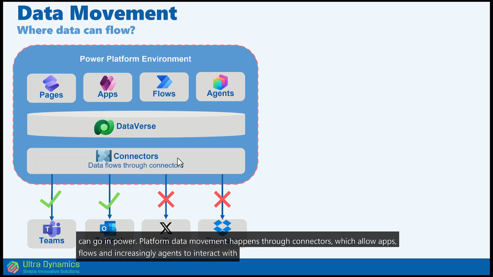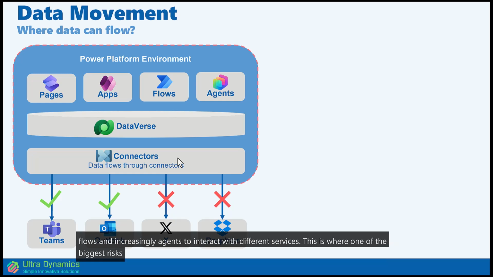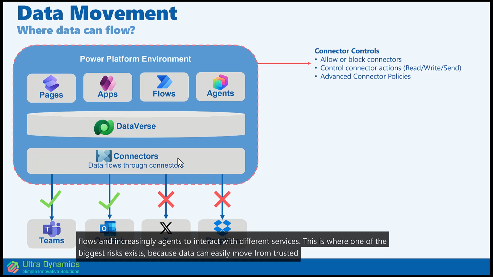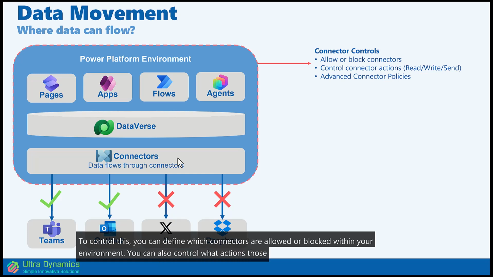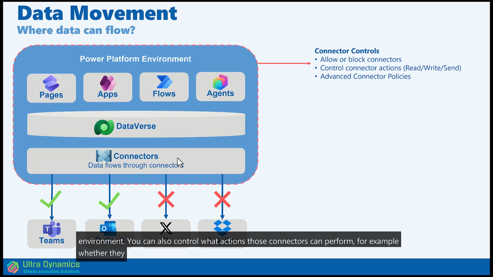This is where one of the biggest risks exists, because data can easily move from trusted systems to untrusted ones. To control this, you can define which connectors are allowed or blocked within your environment. You can also control what actions those connectors can perform, for example, whether they can send data, read data, or write data.